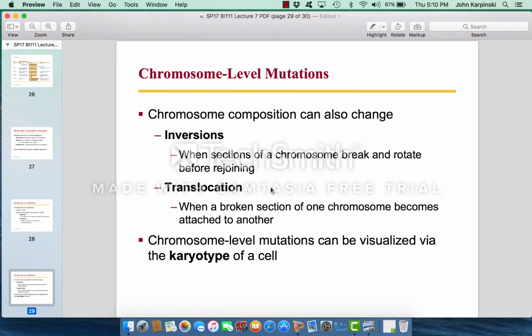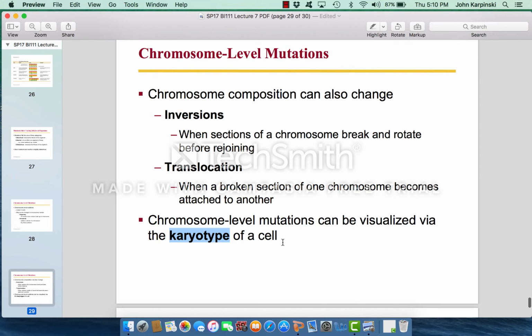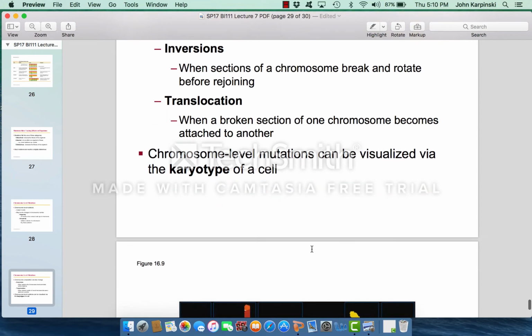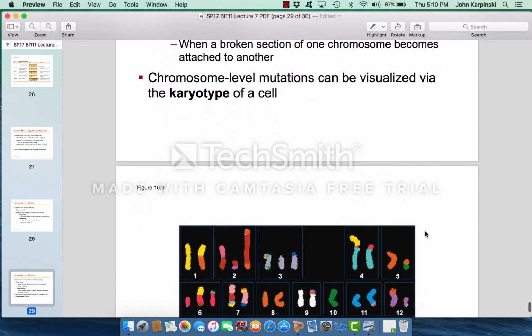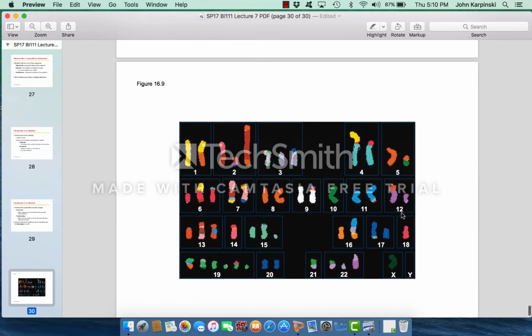How were scientists able to discover these large-scale or chromosome-level mutations? Well, often they were discovered by looking at what is called a karyotype, which is a pictorial representation of the entire genome or all the chromosomes of an organism. So here is a sample karyotype. Now this isn't really realistic, but this shows some of the chromosome mutations that we can observe.